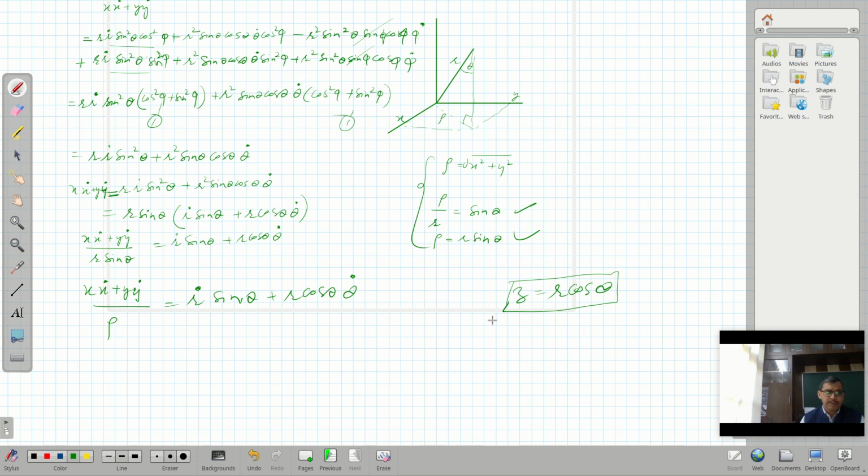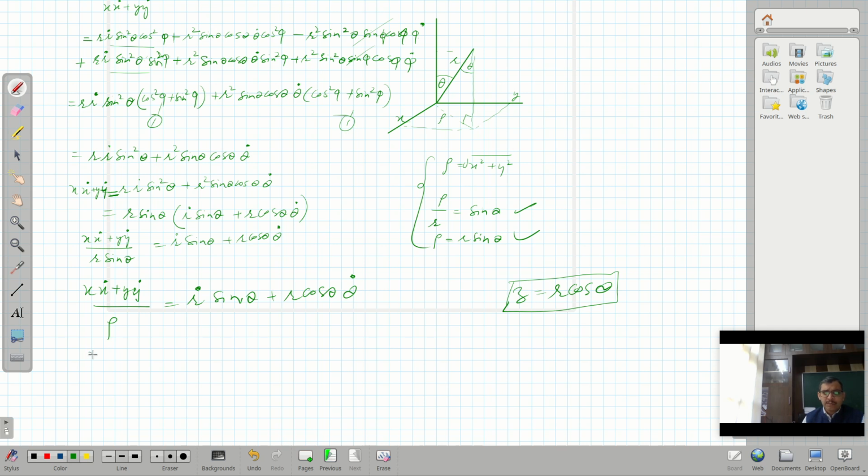So if you multiply both sides by r cos theta, basically, as we know that z is equal to r cos theta from this particular diagram, right? So this is z, so from here z comes out to be r cos theta.